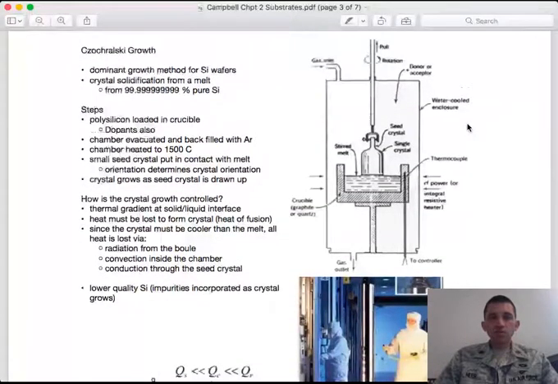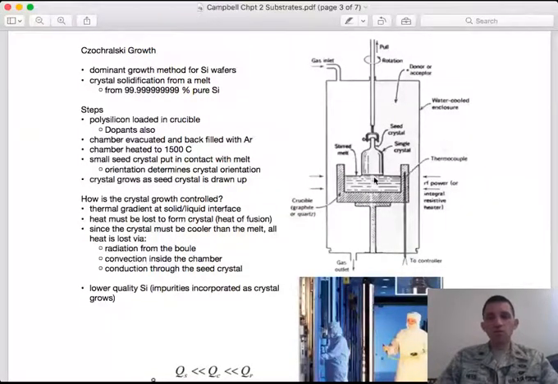Now, to grow the crystal in a controlled way, you start with a very small seed crystal, right? So this is, say, I don't know, half a centimeter in diameter. You want to pick a high-quality seed that's a single crystal, and then you're going to orient it in the holder with the desired crystal face pointing in the direction that you want.